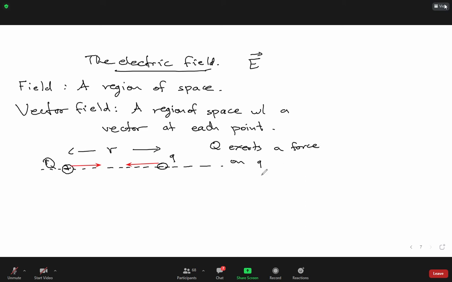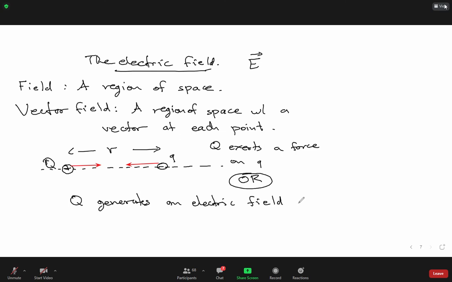One way to answer that question is to view this interaction somewhat differently. Instead of saying that all of a sudden forces just appear, you can say that big Q generates an electric field, which is there regardless of whether little q is brought to that point or not.